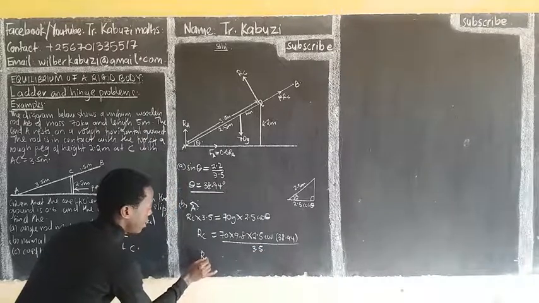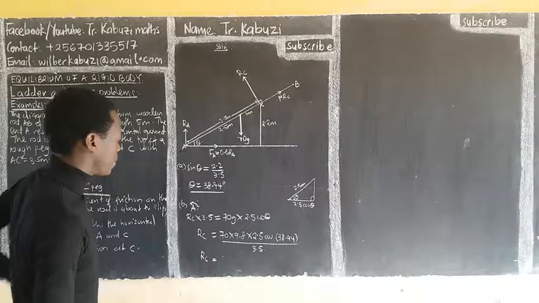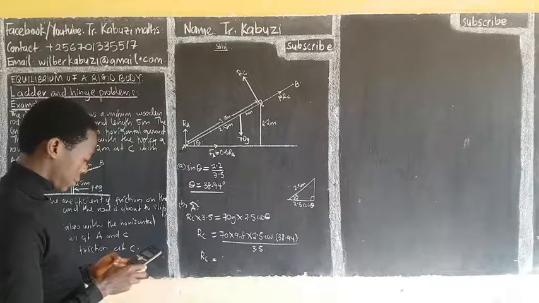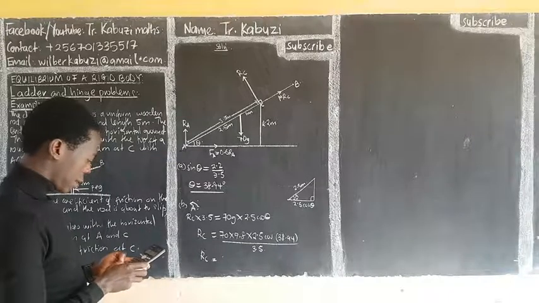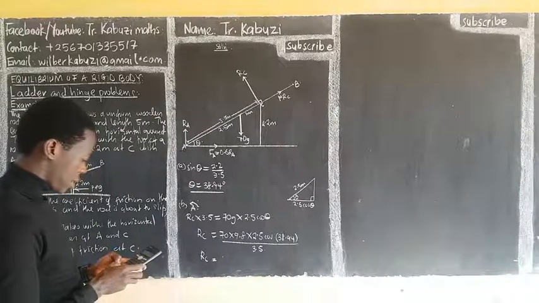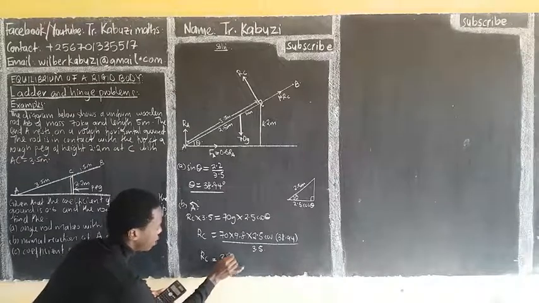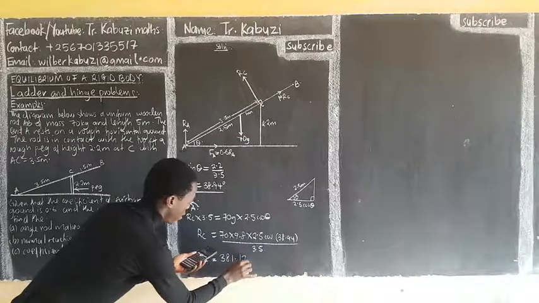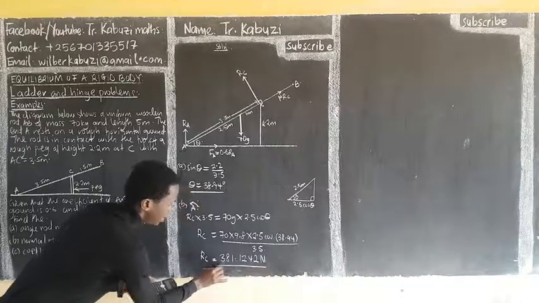So our RC from there is going to be, let me press my calculator. I'm getting 381.1242 newtons. So that's my reaction at C.